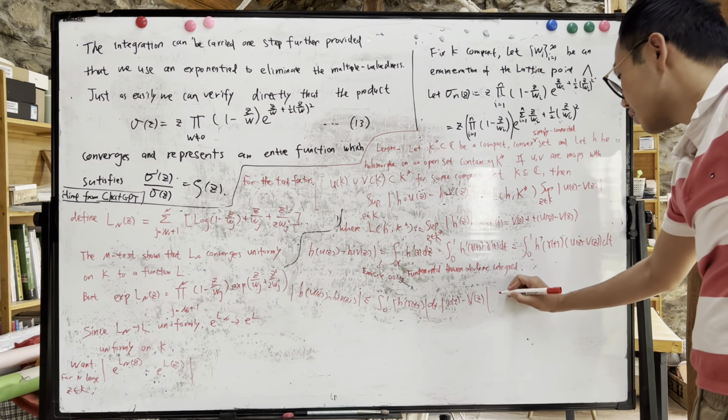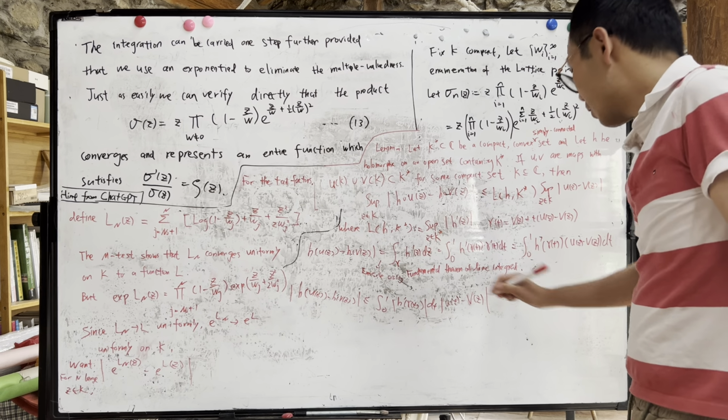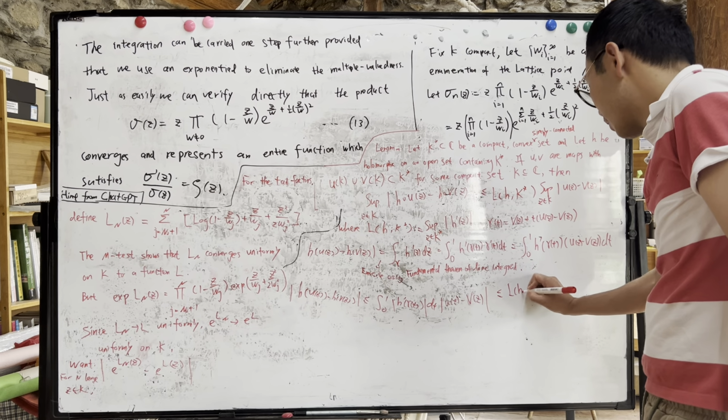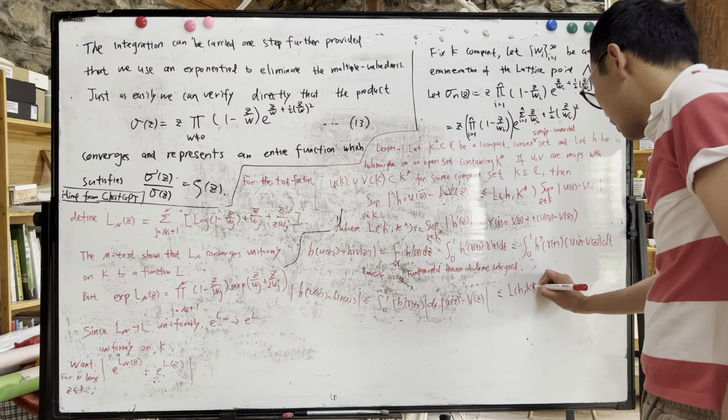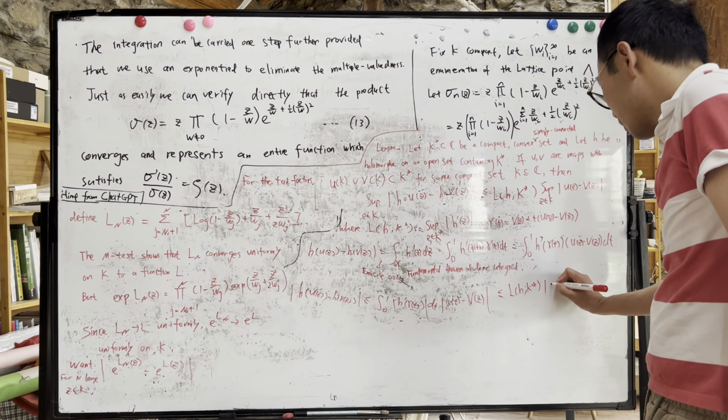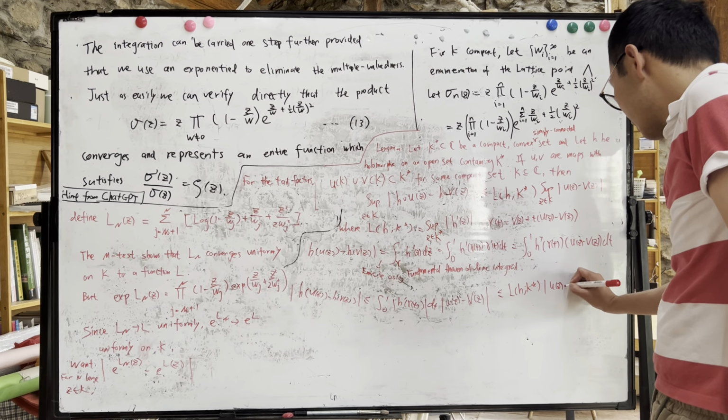So this is less than or equal to the integral from 0 to 1, and the thing inside is bounded by this L of h k star, times the modulus of uz minus vz.